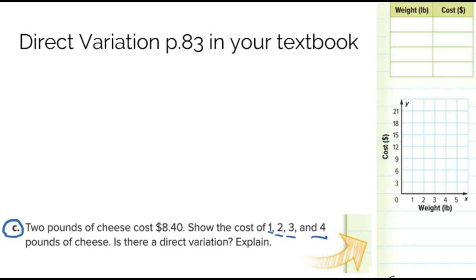So we're looking right up here. They give you a table to put that information. I also want you to graph it, and then I want you to tell me, is there direct variation and why or why not? So go ahead and pause the video, and then we'll talk about it.